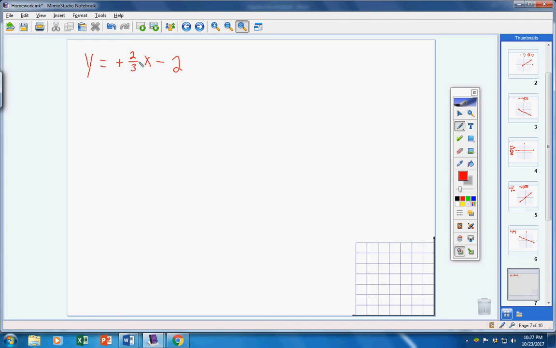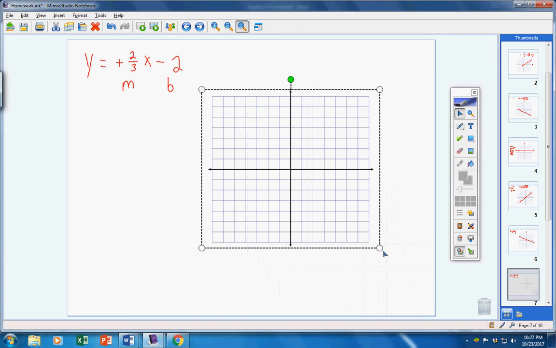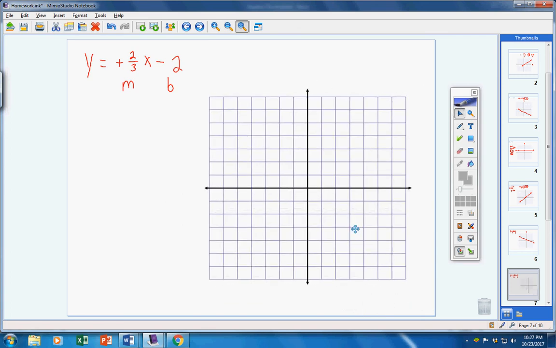So the number next to x is my slope. My constant term is my b, my y-intercept. And now let's go plot our y-intercept, negative 2. And then from that point, let's use our slope. And let's get another point and draw our line, okay? So my rise is 2. My run is 3.